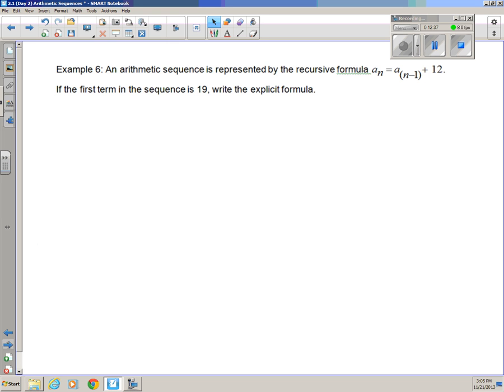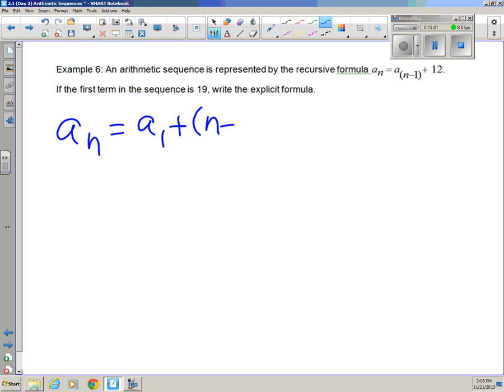So here's another example where they give you the arithmetic sequence. It's represented by the recursive formula a sub n equals a sub n minus 1 plus 12. The first term in the sequence is 19. Write the explicit formula. Remember, the explicit formula basically is just saying, a sub n equals a sub 1, the first term, plus n minus 1 times the common difference.